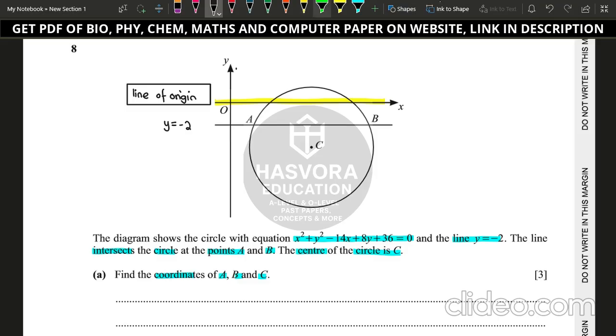So we'll be substituting y is equal to minus 2 in the equation of the circle to get these 2 points. And then for the center C, we are going to write this equation of the circle in the form of completed square. So we will get the coordinates when we compare it to the standard form: x minus a whole squared plus y minus b whole squared is equal to the radius squared.